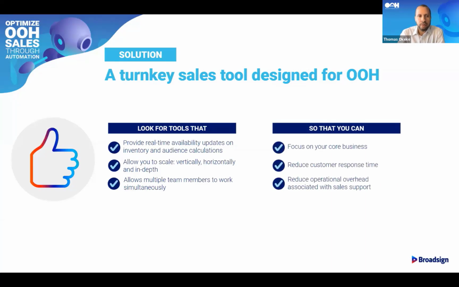Another thing to look for in a tool is, ideally, and this is not with every tool, that it should be integrated with your digital operations so that your sales team can actually see updates as to whether we are on track to deliver what we promised, whether based on audience or frequency of play. Are we on track to deliver? Do we need to do any sort of adjustments?